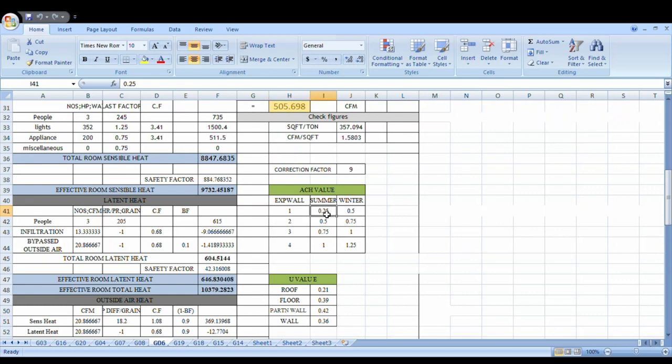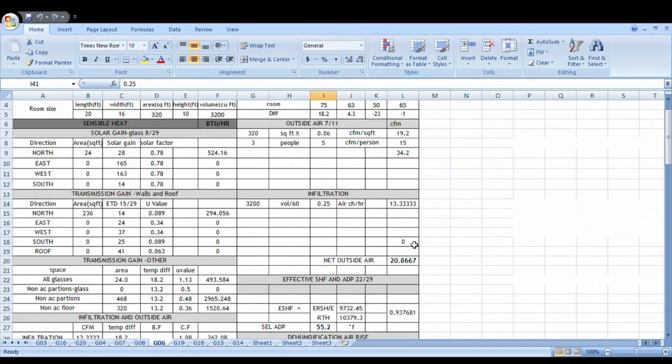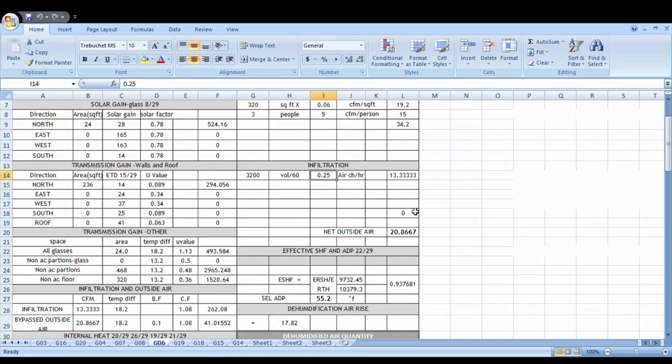If two walls are exposed to sunlight, we have to take 0.5. But in our case, only one wall is exposed to sunlight, so you will take 0.25. Multiply by this, you will get 13.33.